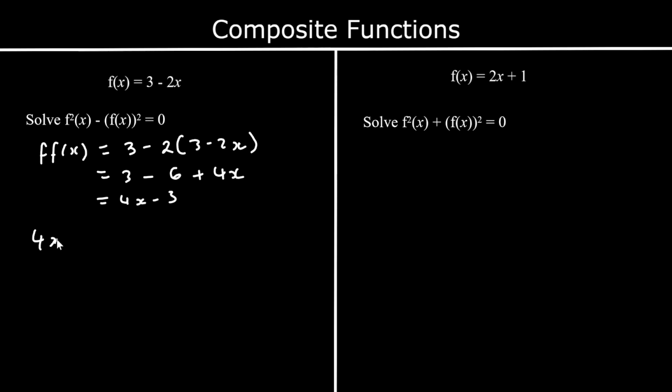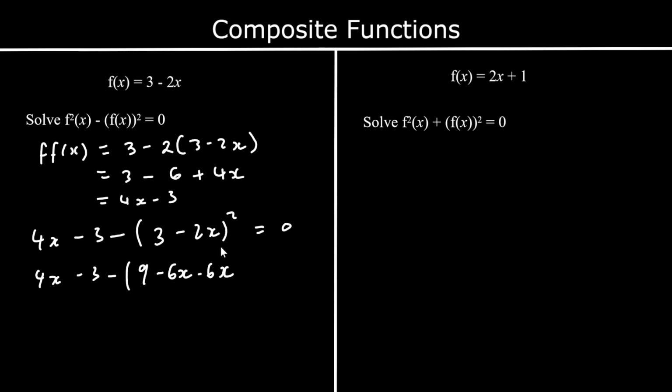So we have 4x take away 3 minus f of x squared, 3 minus 2x squared equals 0. Let's expand and simplify our 3 minus 2x squared. So 3 squared is 9. 3 times negative 2x, negative 6x. We've got that again, negative 6x again, and then plus 4x squared equals 0.